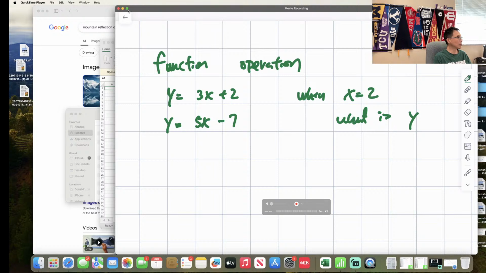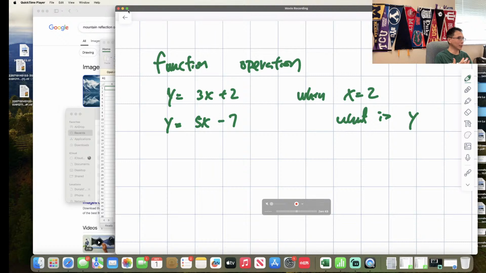Now, I have two functions there, y equal to 3x plus 2, y equal to 5x minus 7. So what would be your answer? First one's 8. Second one's 3. And you're going to be like, well, Mr. Ye, that's kind of ambiguous. You did not tell me which function it is. You did not tell me the first y or the second y, right? Then I have two answers. I don't know which one's the right answer.